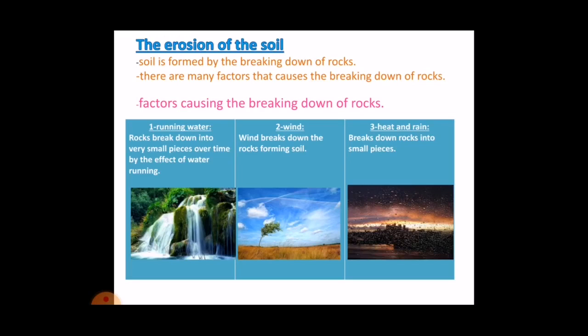Number 1, running water: rocks break down into very small pieces over time by the effect of running water. Number 2, wind breaks down the rocks, forming soil. Number 3, heat and rain break down rocks into small pieces. So the factors that cause the breaking down of rocks and the erosion of the soil are running water, wind, and heat and rain.